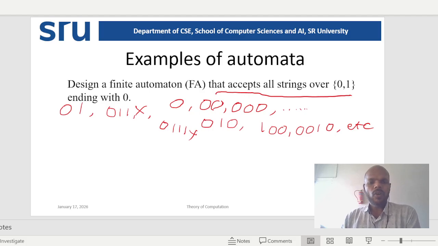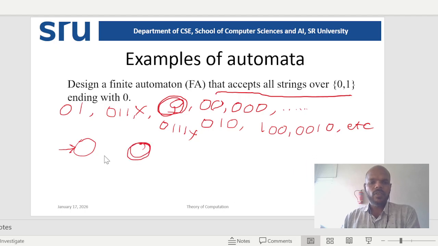What is the basic string which is accepted? Single 0. Single 0 is accepted, which means the automata must have at least 2 states, minimum 2 states. So, what we have to do is take one automata with a starting state and one more state, the ending state.